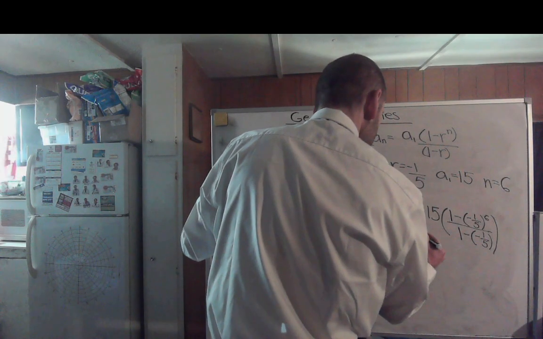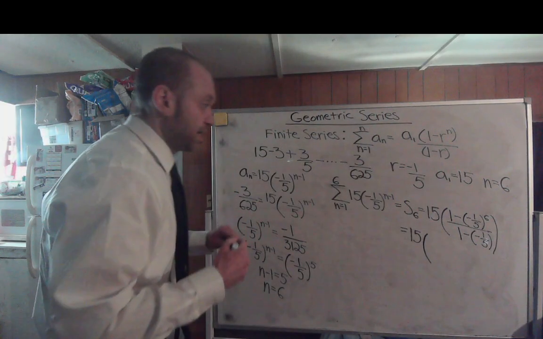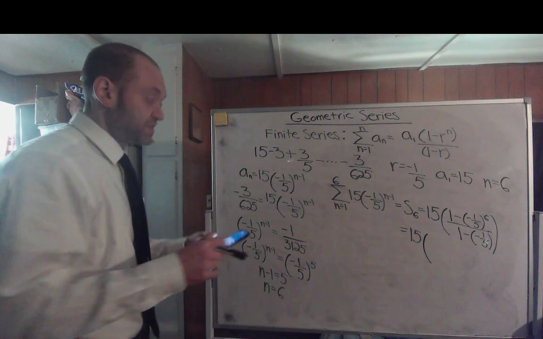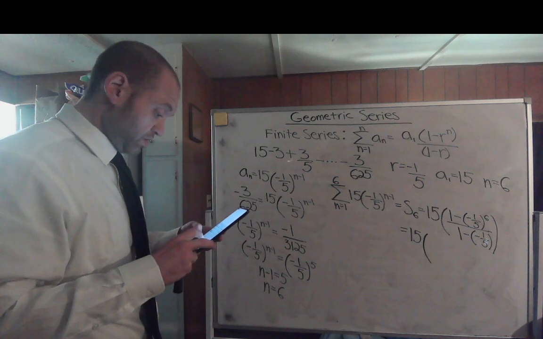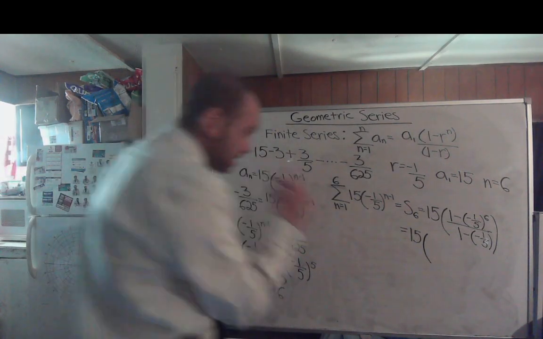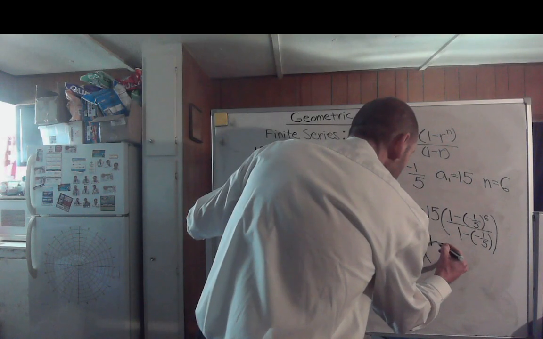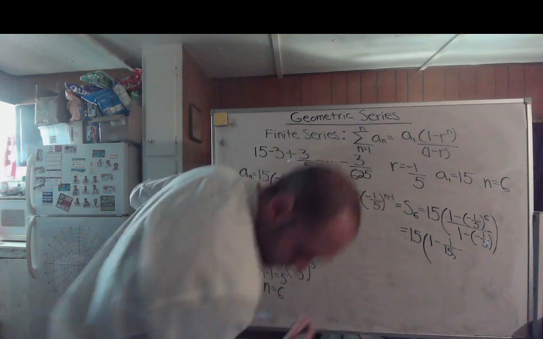So that's going to give us 15 times, let's see, we need to take that negative 1/5 to the 6th power. This is not going to be pretty. That's going to be 15 times 1 minus 1 over 15,625 all over 1 plus 1/5.